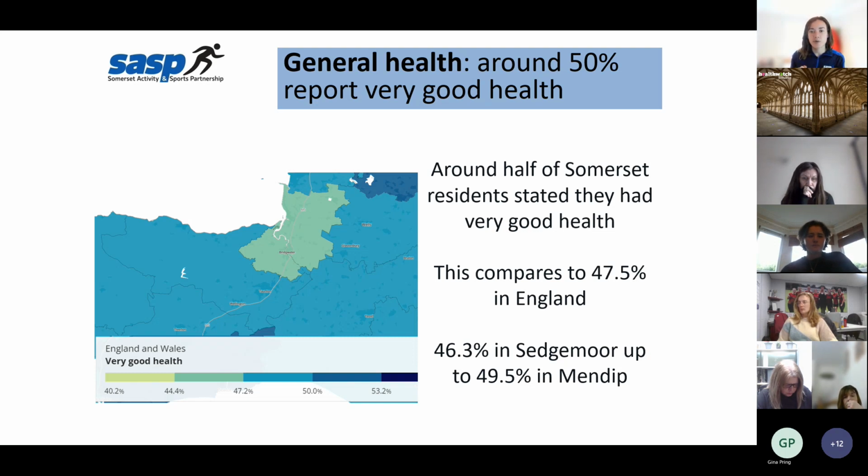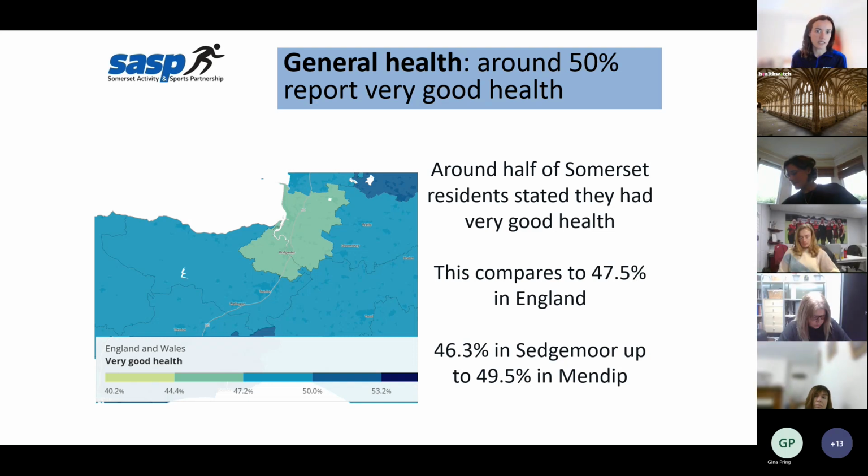Note that there are very few people that report having bad or very bad health, and it might be related to the self-reporting aspect of this question. Some people might not perceive themselves to have very bad health or bad health, and would shy away from selecting that as an option.